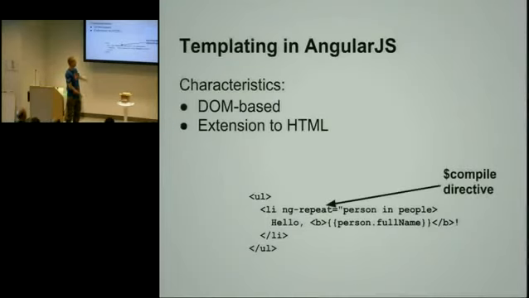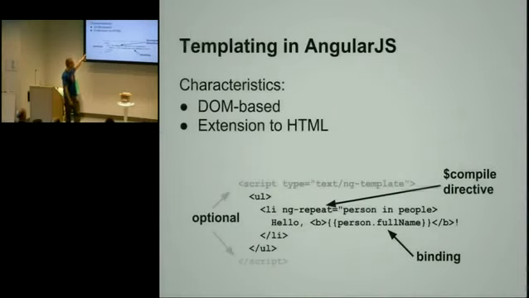So you can notice that ngRepeat is not a standard HTML tag. This is something that we added, and this is something that we look for when we traverse the DOM tree, and it tells us, oh, here is a part of the DOM that needs to be repeated based on the number of items in the model. In this case, the people model. And we also have data binding. Data binding is just a double curly with some kind of expression, and I'm going to talk about what this expression can be in a minute.